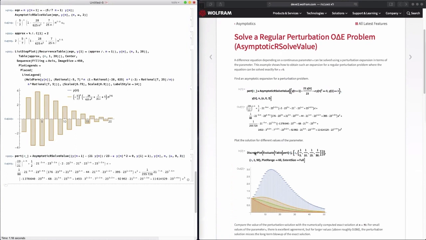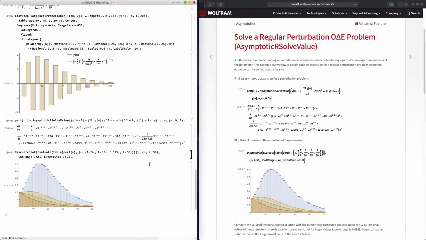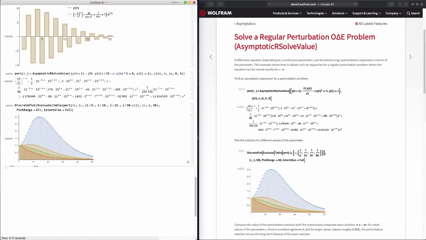So now we're going to plot the solution for different values of the parameter, and we see that in all cases these approximate solutions tend to decay at infinity.